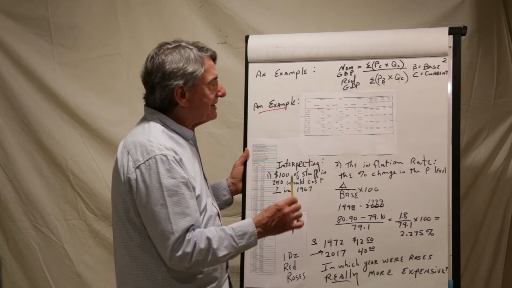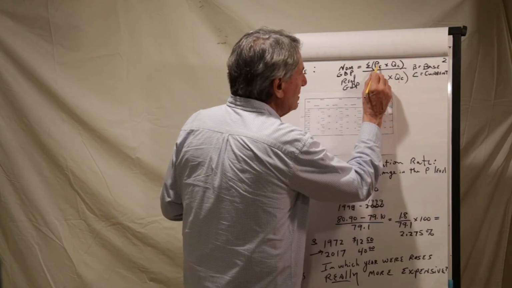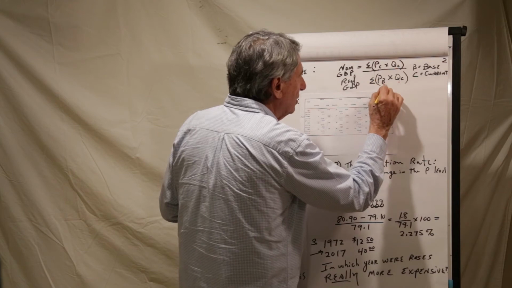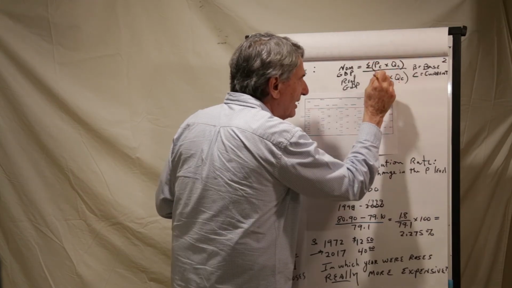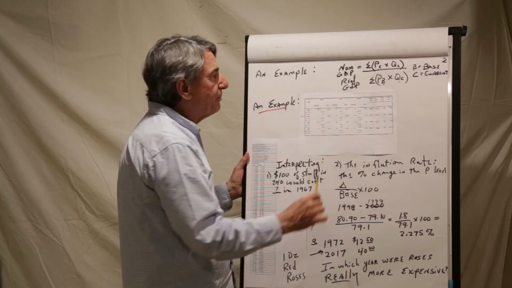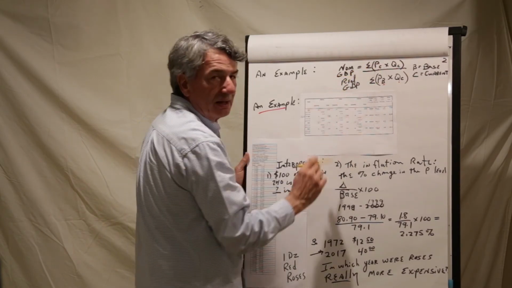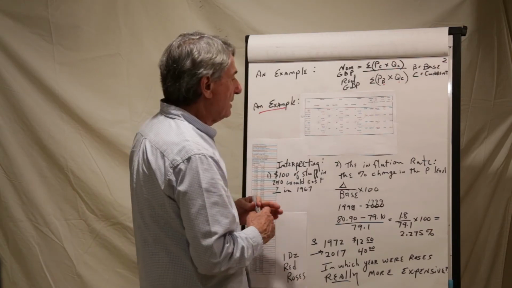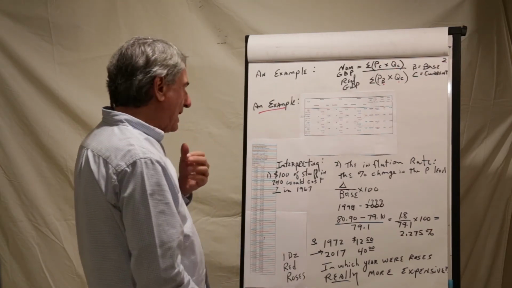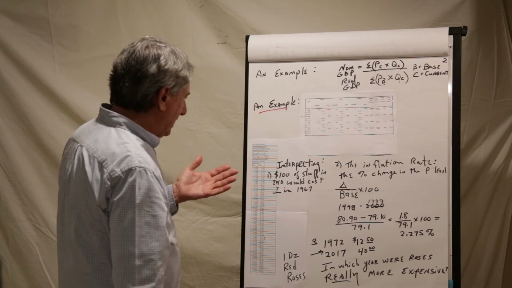If you can see it, it's really just a ratio of the prices between the current year and the base year. How much did prices go up between the base year and the current year as a ratio, as a proportion? So, I imagine you're very happy about this.